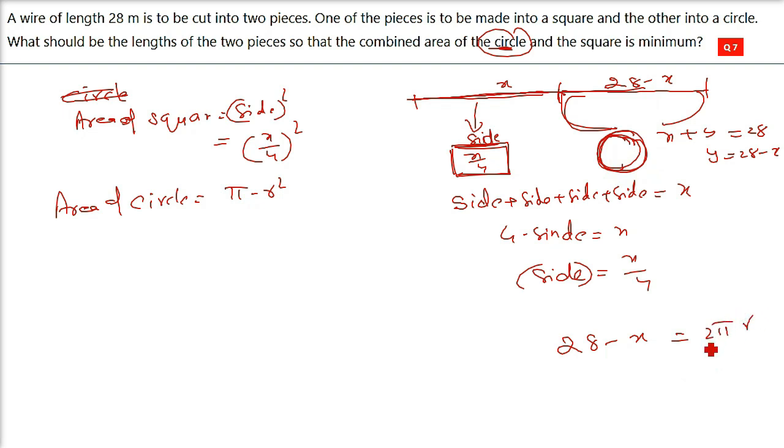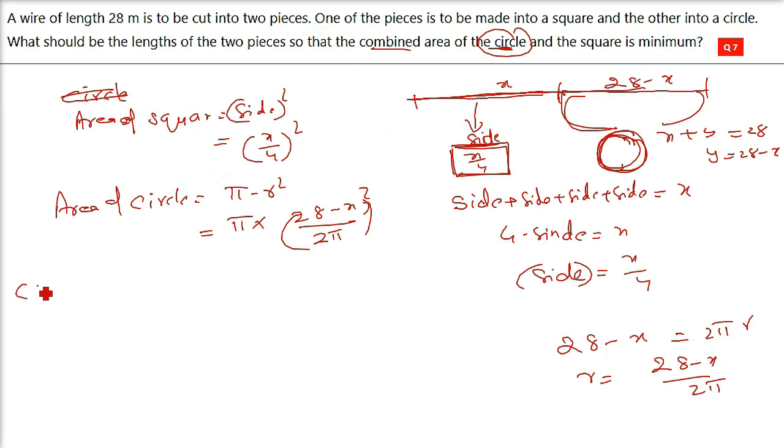From here you get r in terms of x: r is simply 28 minus x divided by 2 pi. So the area of the circle is pi into (28 minus x by 2 pi) whole square. When you square this, one pi will be cancelled.